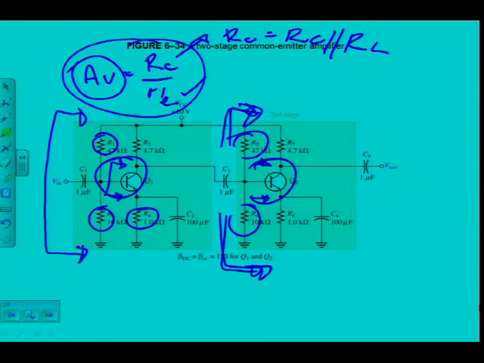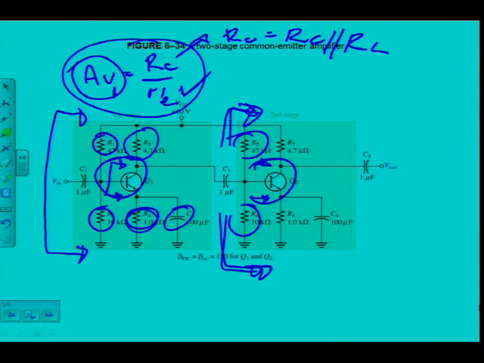It's still RC over R accent E. I still have to go and look at the amplifier. So I'm going to calculate the voltage gain of the first stage, RC over R accent E. Is R accent E true? Yes. RE4 is bypassed by C2. So that still remains true. You agree?